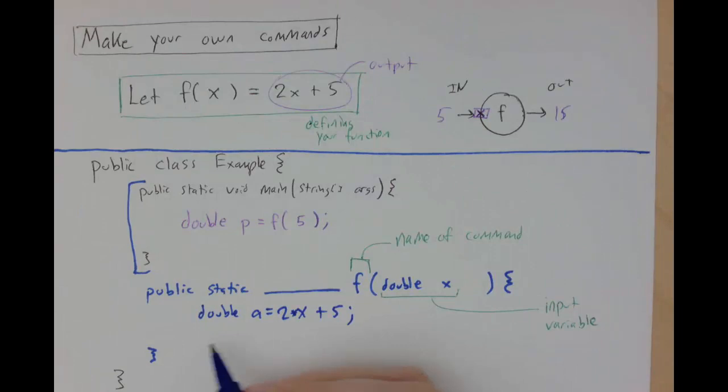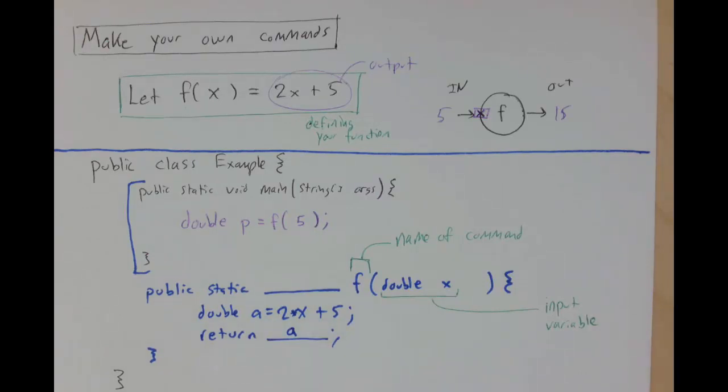So this command doesn't automatically give an output. You have to tell it what output it should give. And the way you do that is with the special word return. So when you type return, whatever you put right afterwards, that's the value that you want to give as your output. So for us, I'm going to use A because A is holding the answer that I just computed.